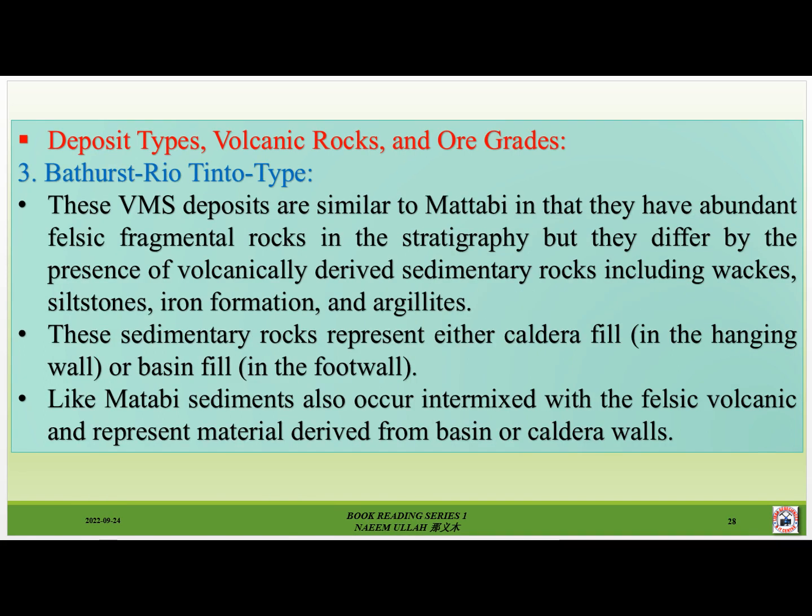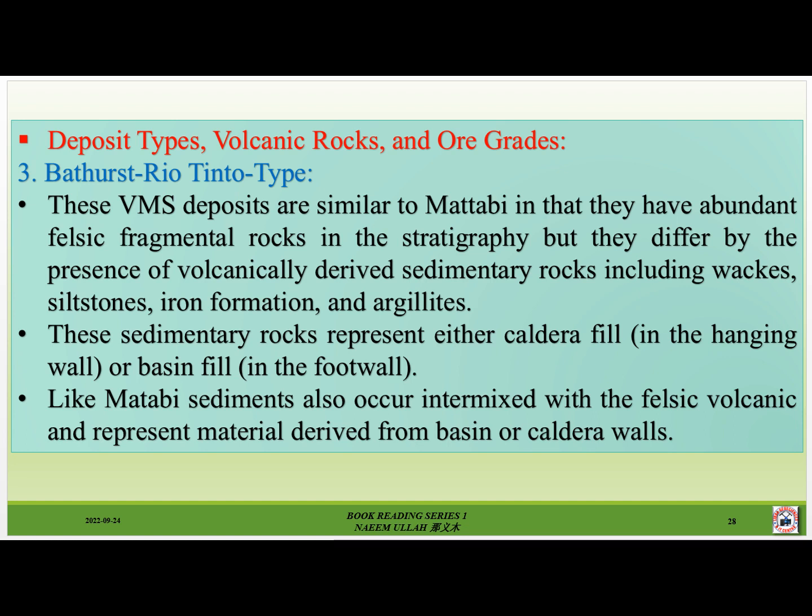Number three, Bathurst-Rio Tinto type. These VMS deposits are similar to Matagami in that they have abundant felsic fragmental rocks in the stratigraphy, but they differ by the presence of volcanically derived sedimentary rocks including wacke, siltstones, iron formation, and argillites.